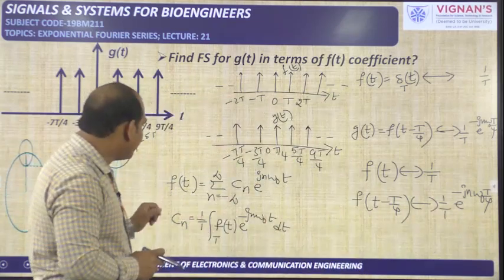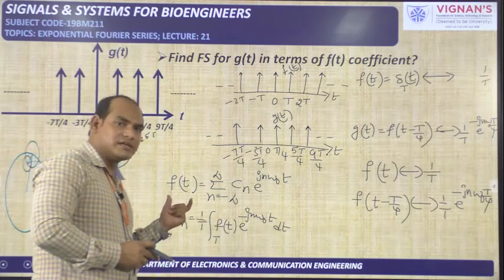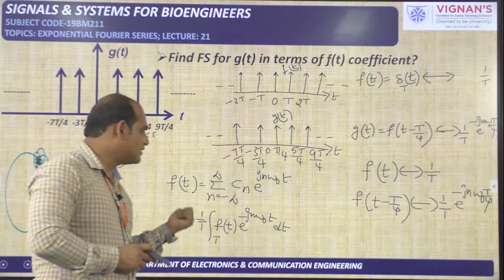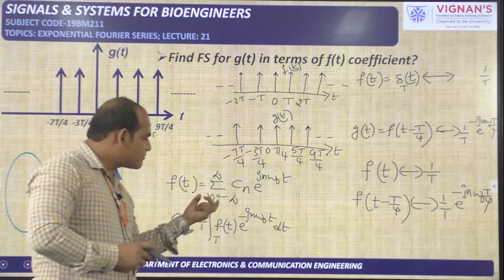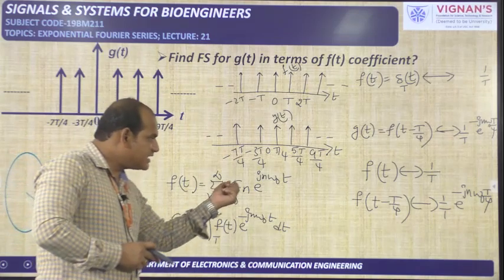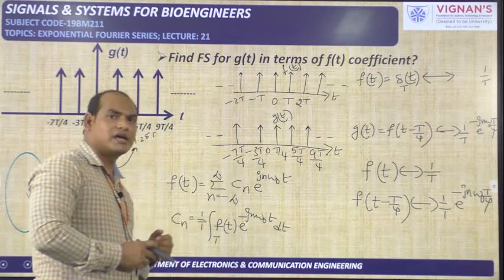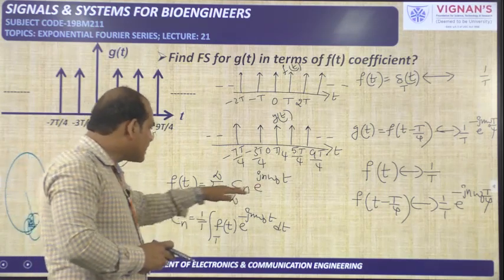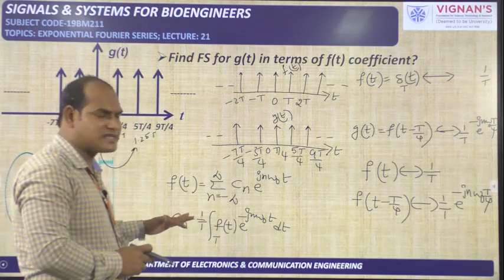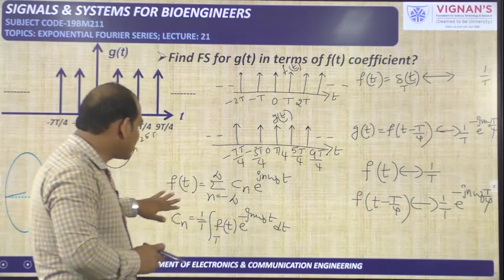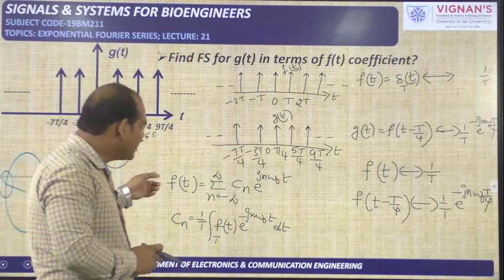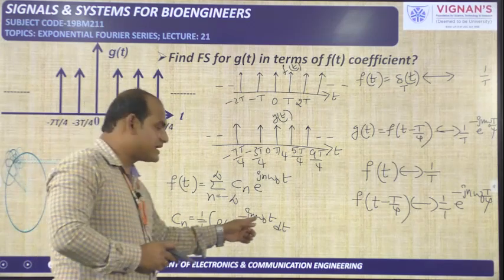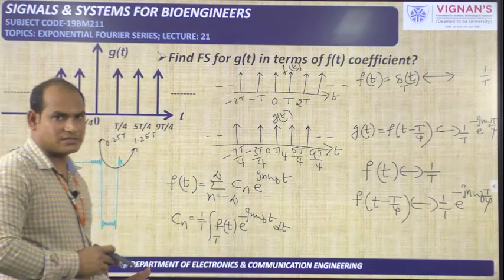Okay. See carefully. f of t is a time domain signal, and this one we have written like this. It is an exponential Fourier series that already we know. Sigma n is from minus infinity to plus infinity Cn e power plus jn omega naught into t. But when you try to write the Cn equation, this one will come in the denominator. Like that you can imagine. This exponential has come in the denominator. If you make it to the numerator, that e power plus j will come to e power minus j. Like that you can remember on purpose. Okay.